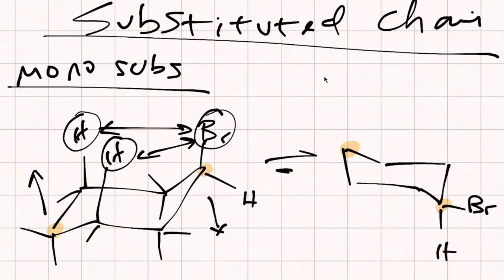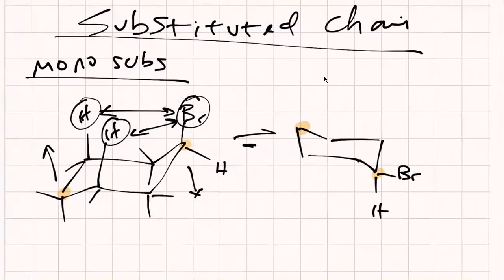And then all your other hydrogens are going to swap too, right? But this is favored because those 1,3 diaxial interactions are now alleviated.